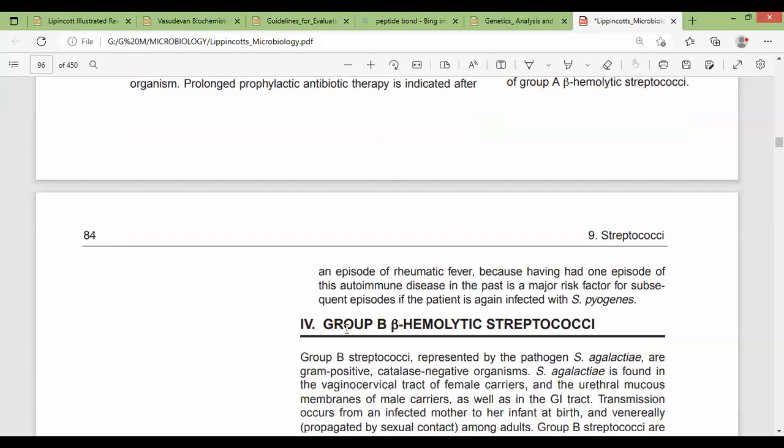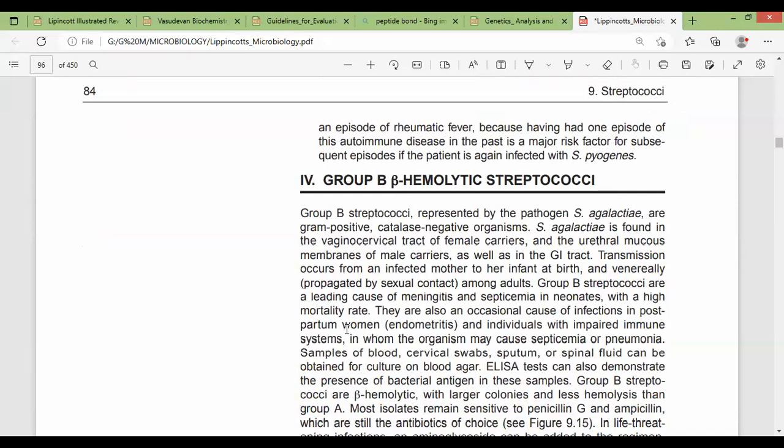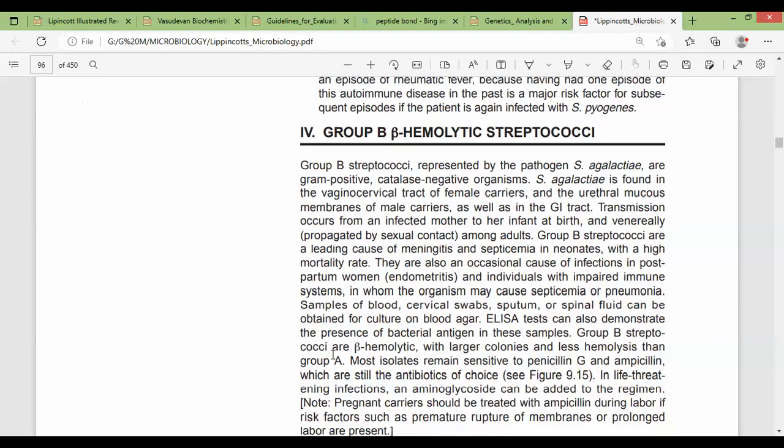So then we dive into group B streptococci. Group A, we've seen, is Strep pyogenes. Group B is Strep agalactiae. For group B streptococci, the most common thing it causes is meningitis in neonates.